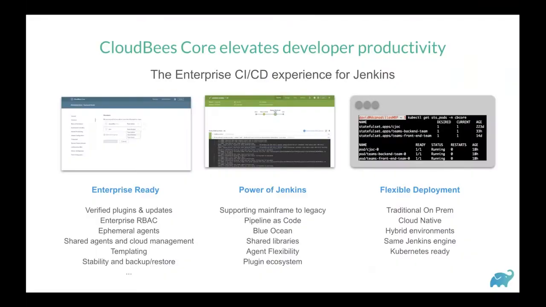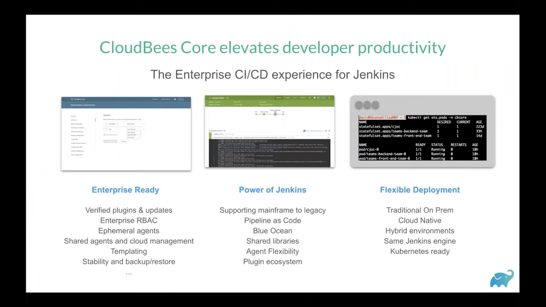In reality, in companies, you have dozens, hundreds, thousands of developers running a lot of builds of many projects. What we propose with CloudBees Core, firstly, is to help to have an environment which is enterprise ready, to provide everything in terms of security and scalability by default in the product, to centralize the management as much as you want, and to be able to scale and provide the environment for the teams.